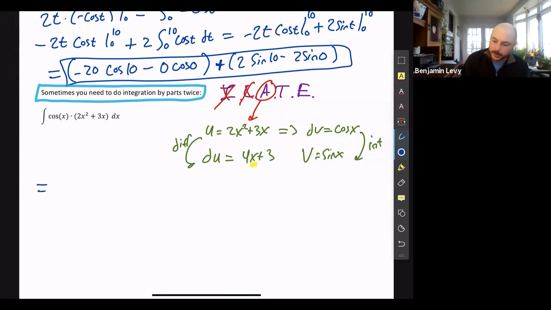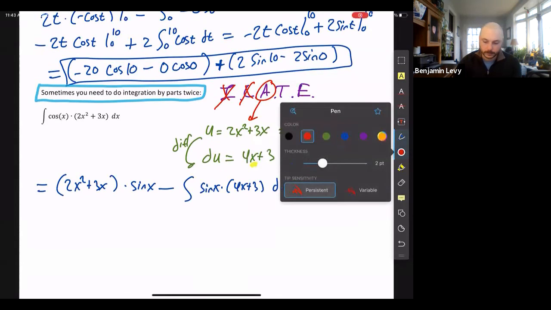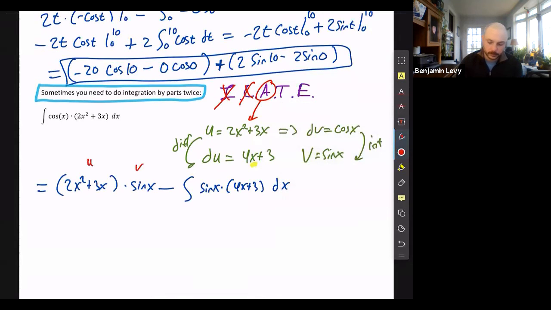So let's see here, uv minus the integral of v du. And the spot that we're in right now looks very, very similar to the spot we started in.